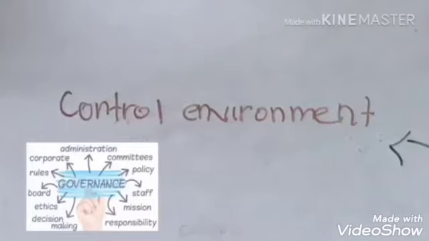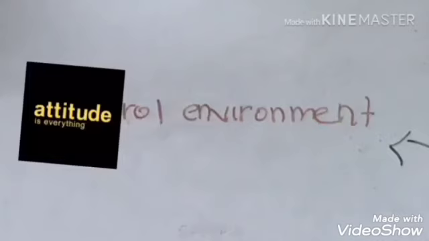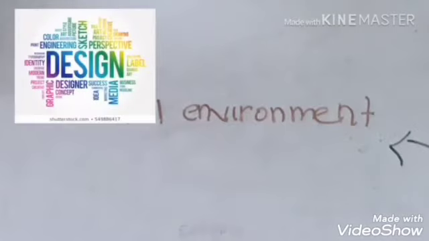The control environment includes the governance and management function of an organization. It focuses largely on the attitude, awareness, and action of those responsible for designing, implementing, and monitoring internal control.